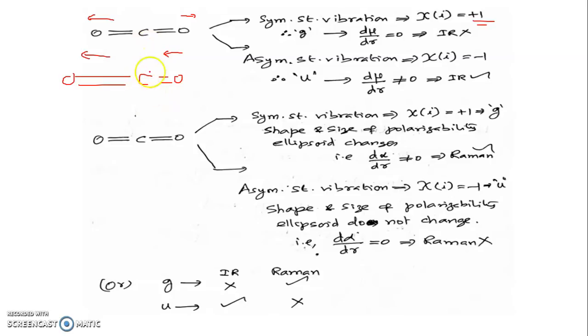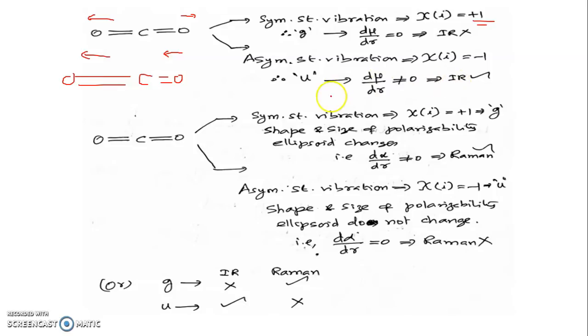So in asymmetric stretching vibration, the dipole moment changes during vibration. It is not 0, it changes. Therefore this vibration is IR active. You know very well, for a vibration to be IR active, the dipole moment should change during vibration. So under the ungerade condition, the dipole moment changes during vibration, therefore it is IR active.